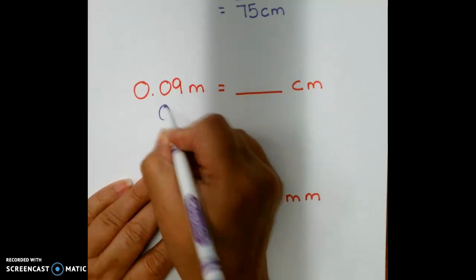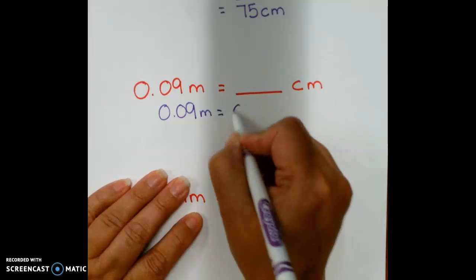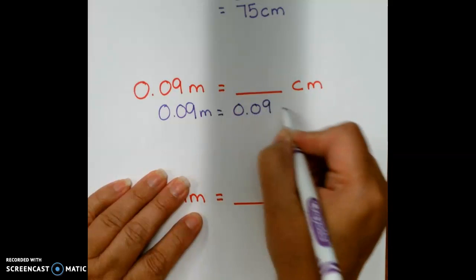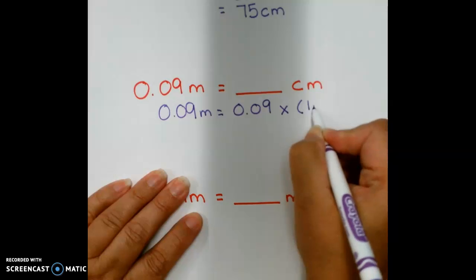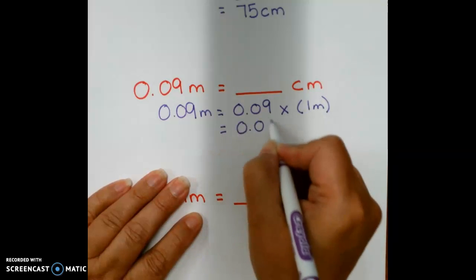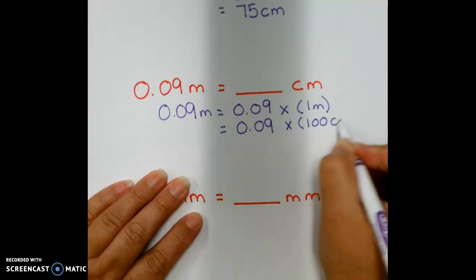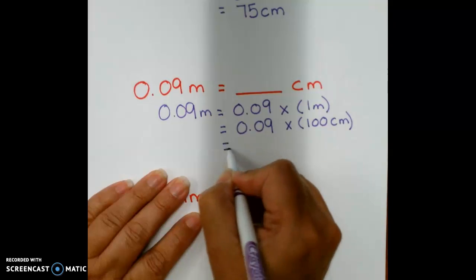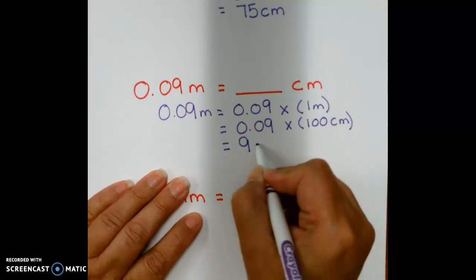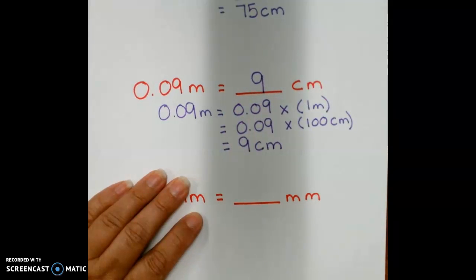So I have 9 hundredths meters equals 9 hundredths times 1 meter, which equals 9 hundredths times 100 centimeters, which equals 9 centimeters. Okay, because 9 hundredths times 100 is 9.